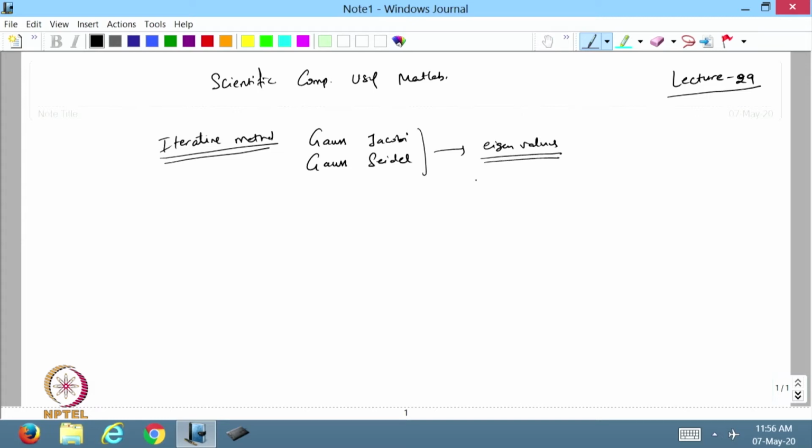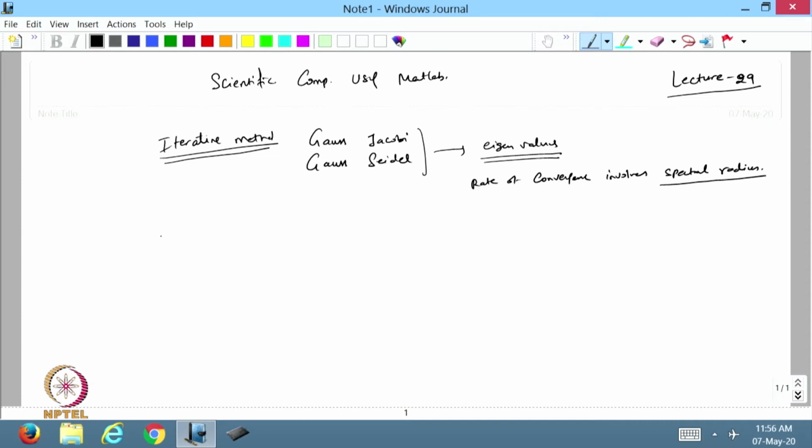The rate of convergence involves the spectral radius. So, the question comes: how to find the eigenvalues of the matrix?